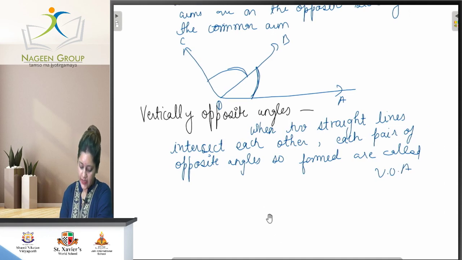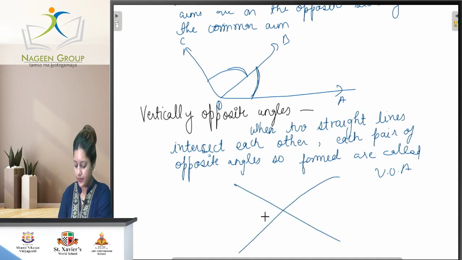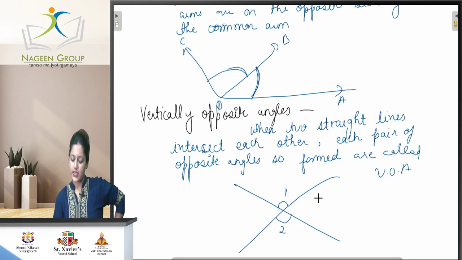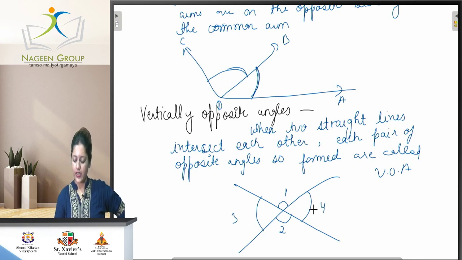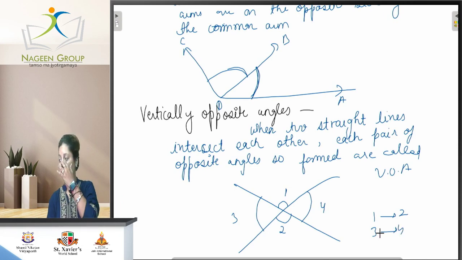If we take an example, this one, angle 1 is equal to angle 2. In the same way, these angles are known as vertically opposite angles. Like 1 is opposite to 2, in the same form 3 is opposite to 4. I hope you understand what I am telling here.